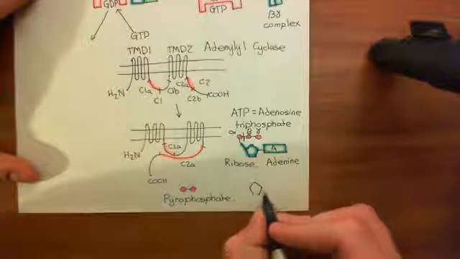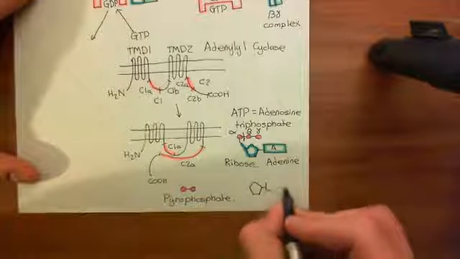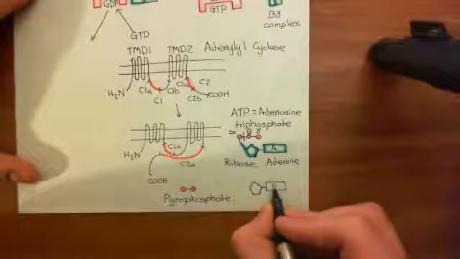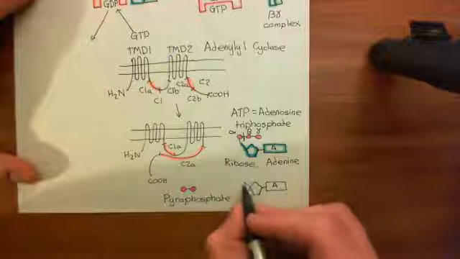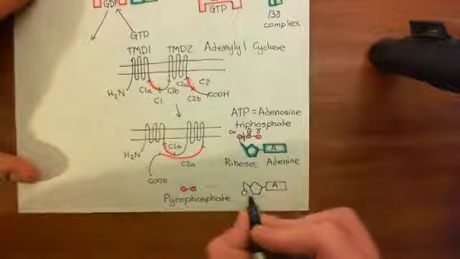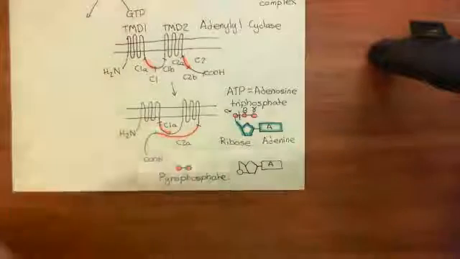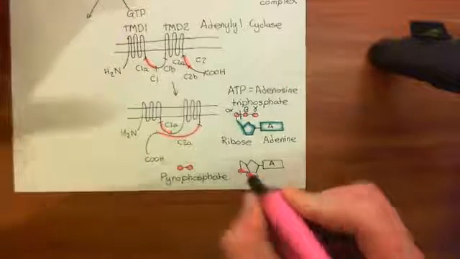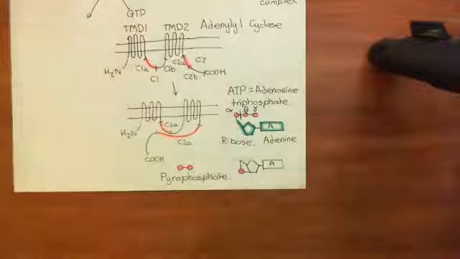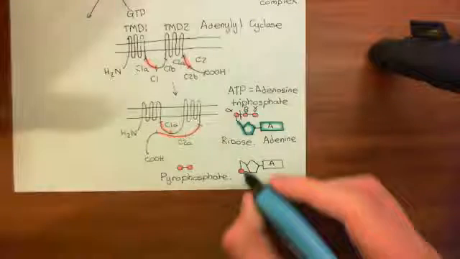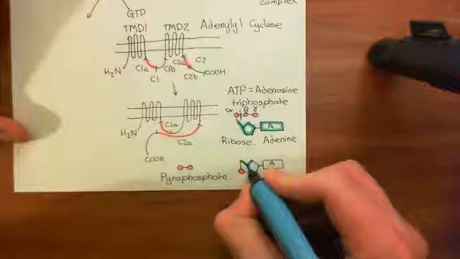So here is our ribose sugar. Here is the adenine organic base off the side. Here's the 5th carbon, and here's the phosphate group which binds to the 3rd carbon down there. Let's colour this all in. Here's the phosphate group coming off the 5th carbon. Here is the ribose sugar in blue.